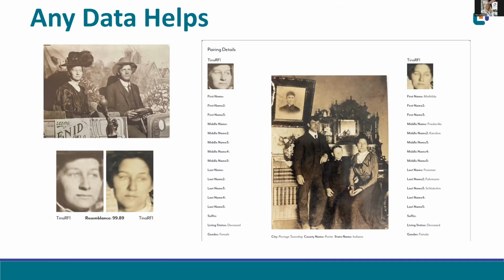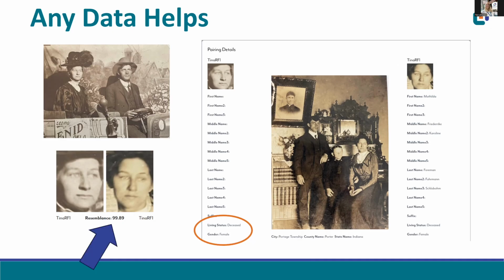I encourage you to add any data you have for your unlabeled photos because it can enrich the results. Here, I've added two pieces of data that were basically the easiest to determine. I know this is a female, and I can very easily assume she's deceased because of the photo age, the style of the clothing, and that cheeky fake car.